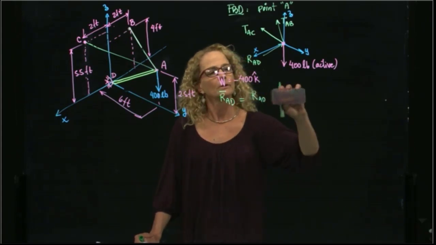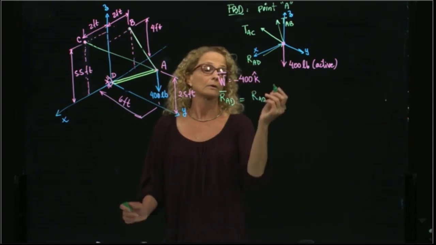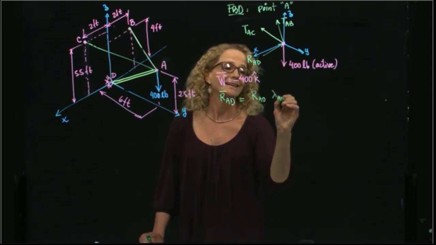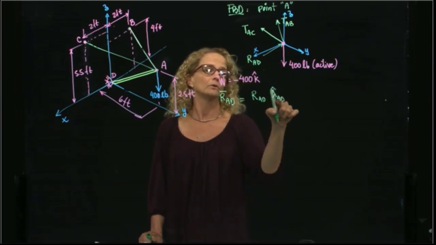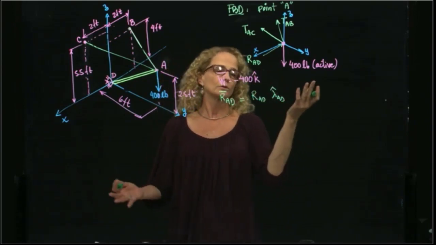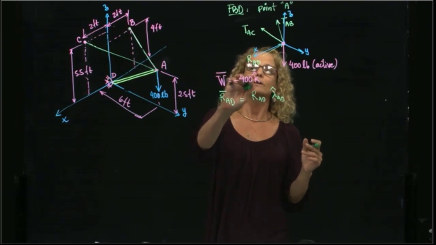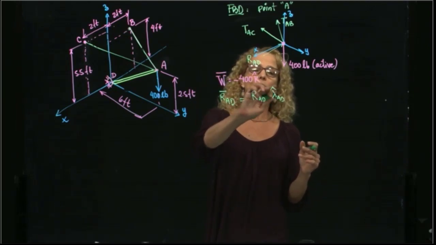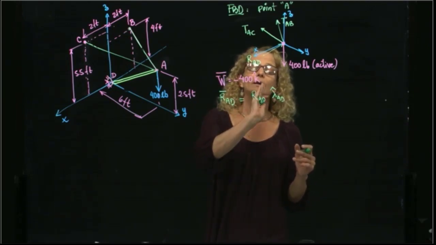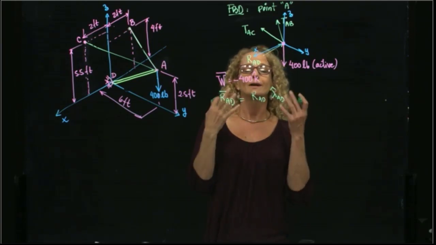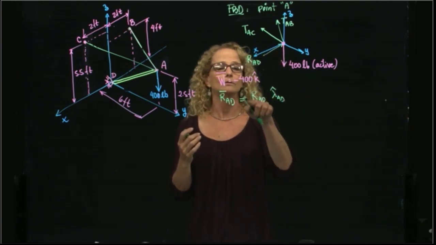I can call it lambda AD, and this is a unit vector. You see my notation to differentiate a vector from a unit vector. The unit vector only has information about the direction, because the magnitude is right here.